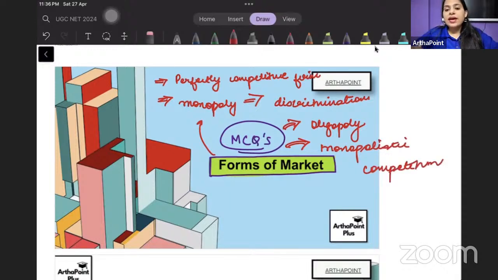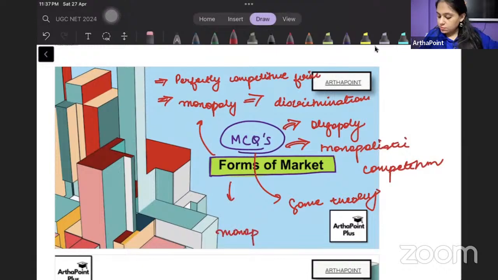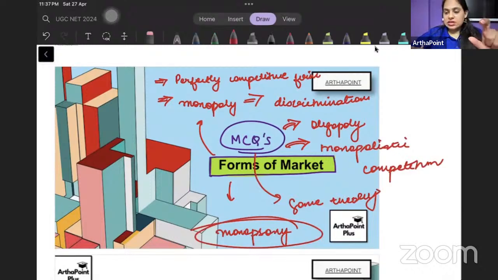Right? And then, beta, there will be questions on your game theory. At last, not many people give importance to this topic, but there will be questions on monopsony. Right? So all these things you have to prepare very well.